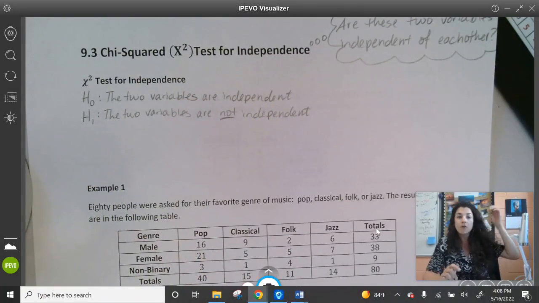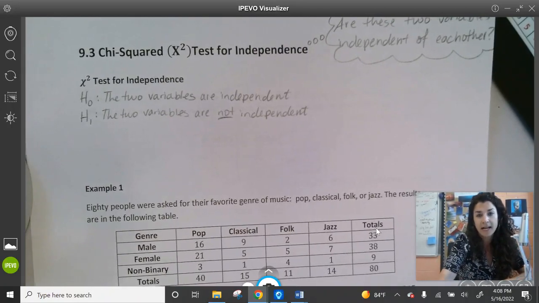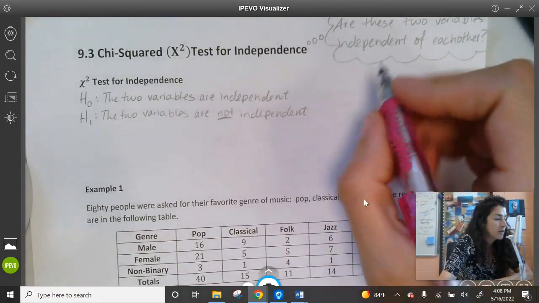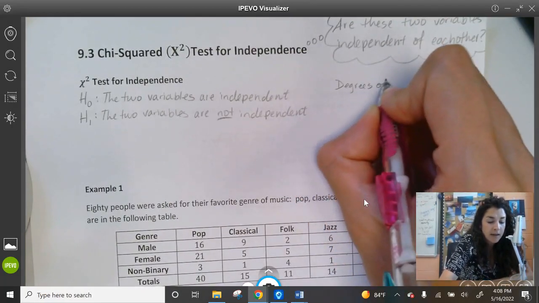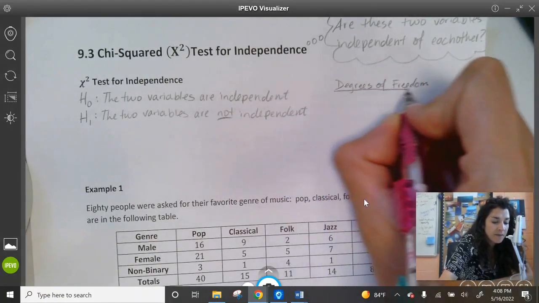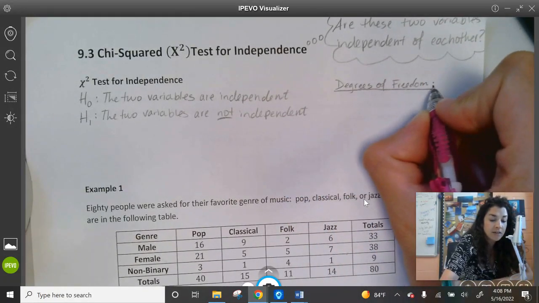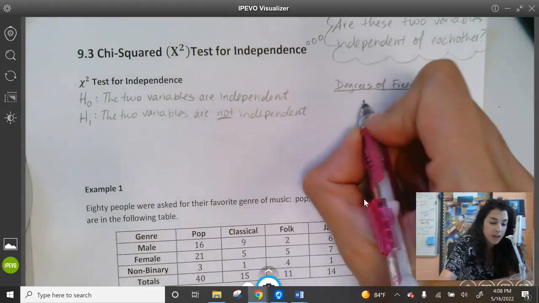Okay. A few things to keep in mind that you might be asked around this that have formulas around them. Remember that we talked about degrees of freedom, the amount of variability that our tests have. How many options are there? This one is slightly different, although it'll feel familiar from our previous degrees of freedom.